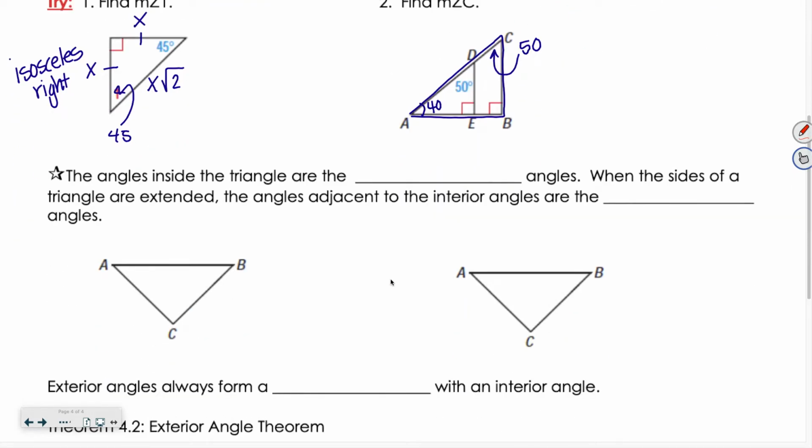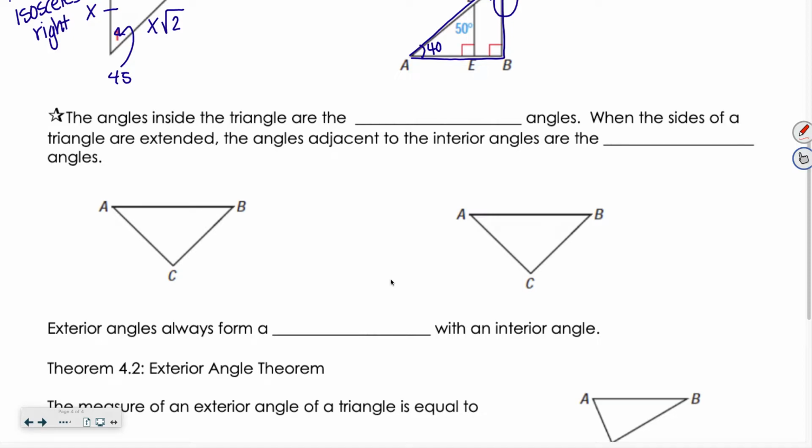Okay, the angles inside the triangle are the interior angles. When the sides of a triangle are extended, the angles adjacent to the interior angles are the exterior angles. How many interior angles does a triangle have? 3.